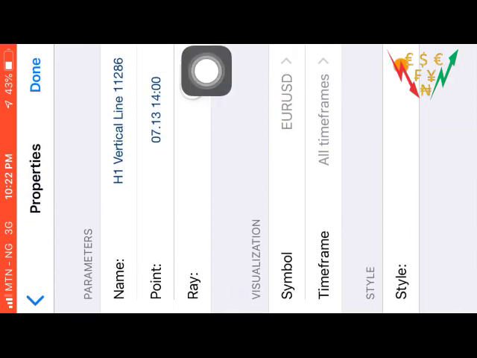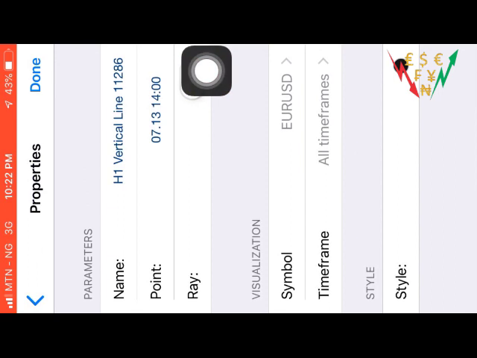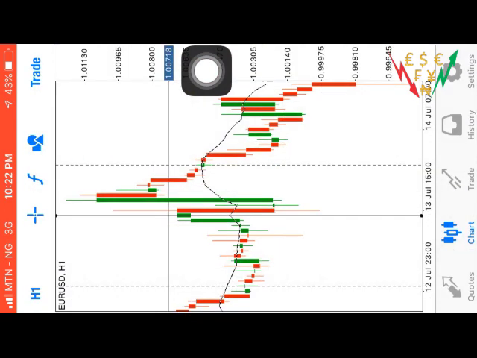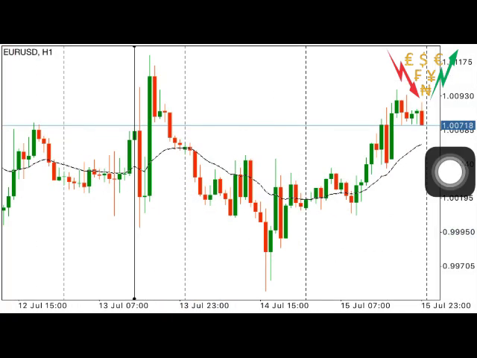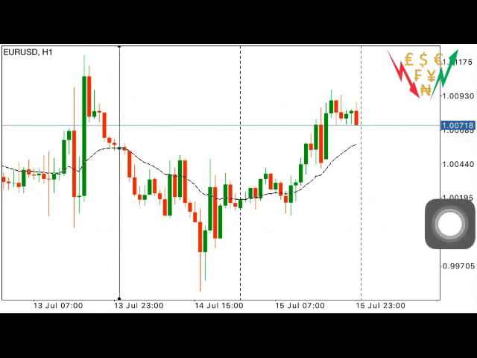The things I have here on speed dial, the very important ones I use, are the Fibonacci, the vertical line, my rectangular box, the horizontal line, and the arrow. Right now I want to use the vertical line. So I press this, it appears on the chart, and I just drop it. That's all. And you can edit it. So I'm going to make it black. That's all.